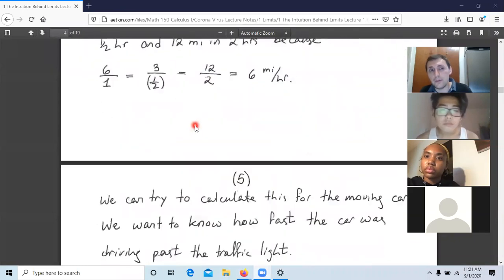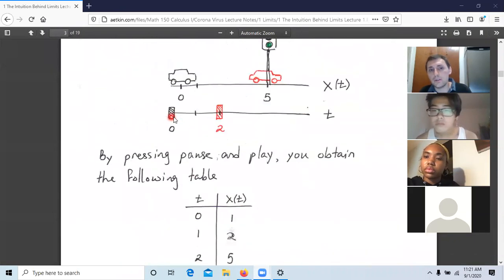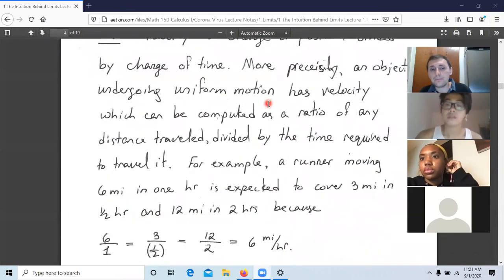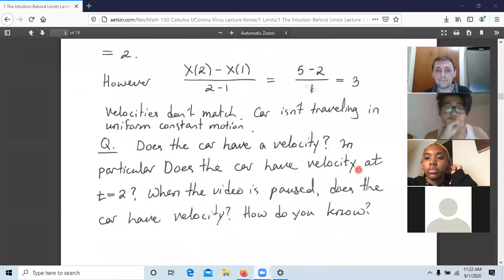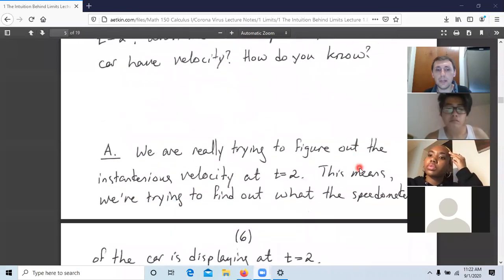In other words, if time is in seconds and this is in meters, then the car is traveling at 2 meters per second. That seems to be the calculation here. If it were traveling at a constant speed, it would be traveling at 2 meters a second. But another calculation gives us 3, which tells us that the car is not traveling at constant speed. So far, so good? So how do I reconstruct?